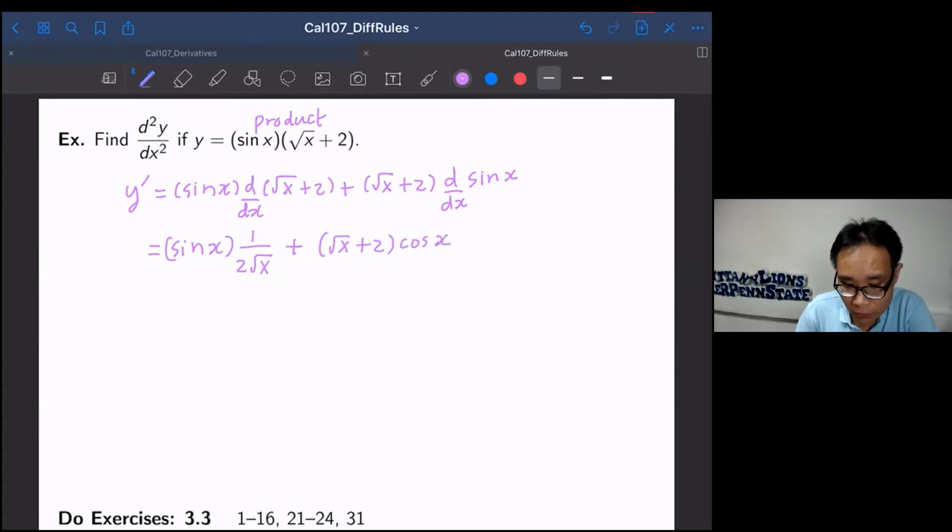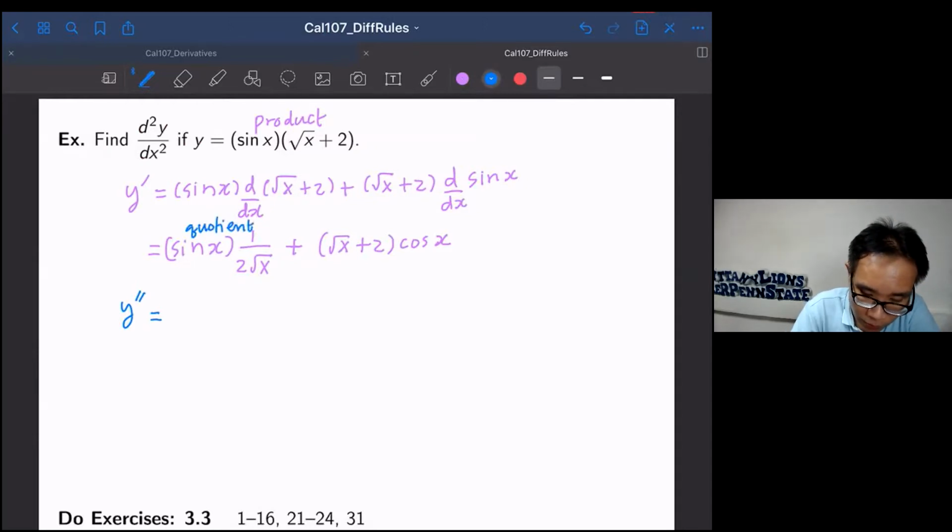So this is your y prime. For the second derivative, you differentiate this twice, and you see that the first term turns out to be a quotient.